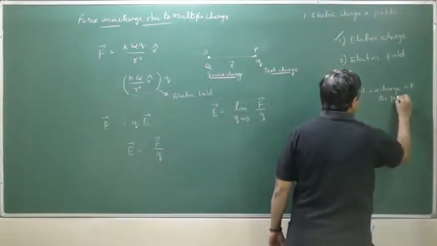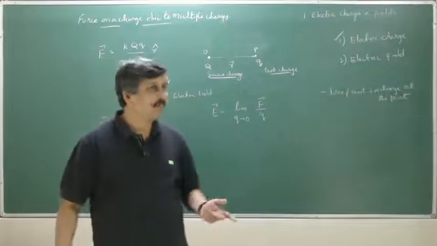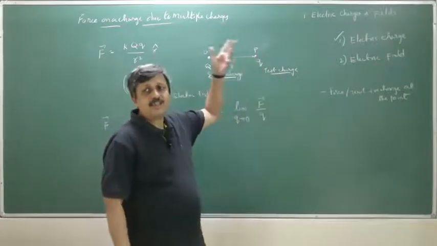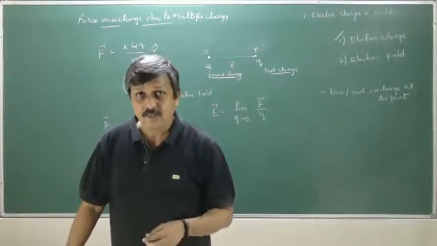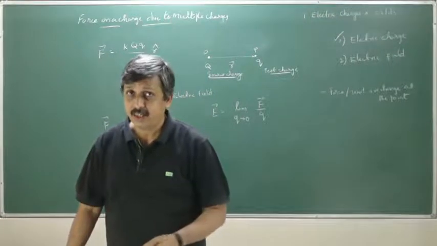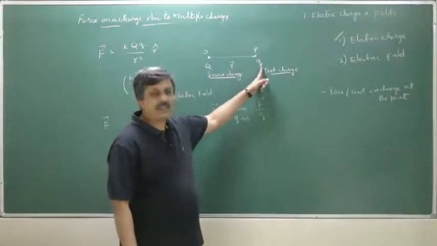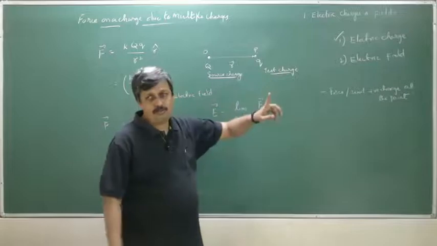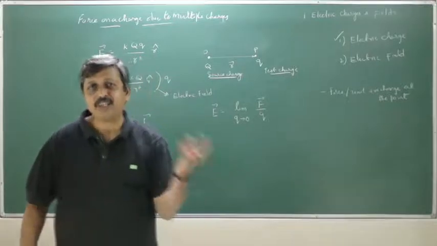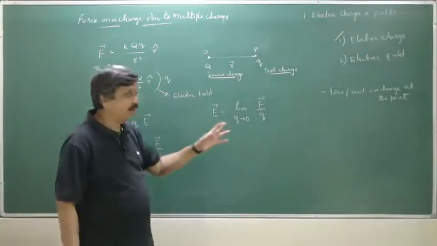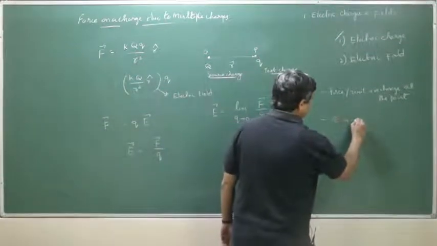That means the electric field is not exactly the same everywhere: if you keep the positive charge here, you experience a certain value of force, and if you keep it somewhere else, you get another value of force. Even at the same point, if you put a different q, you will get a different force, but F by q will be the same for that point. At every point F by q is the same, which is our E. So E is not going to change depending on the test charge. E is independent of the charge.